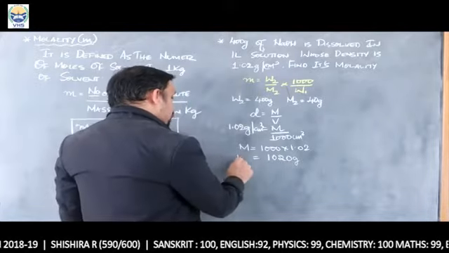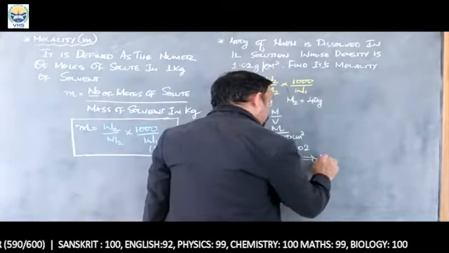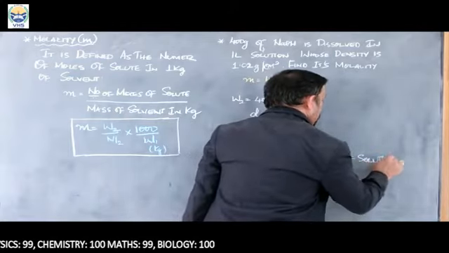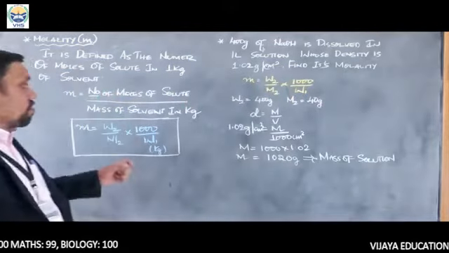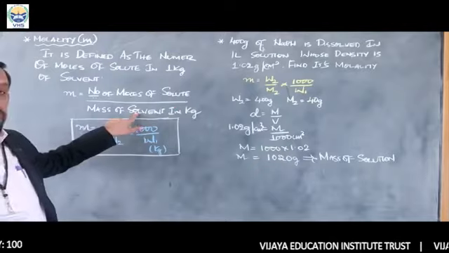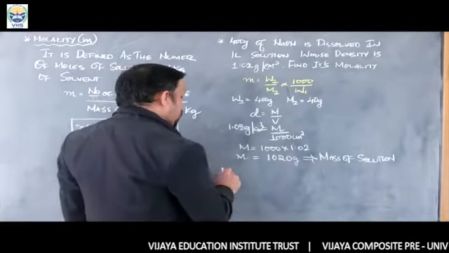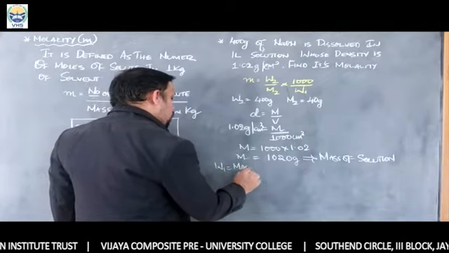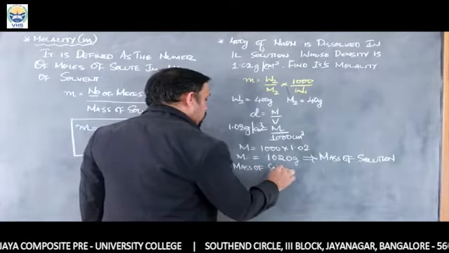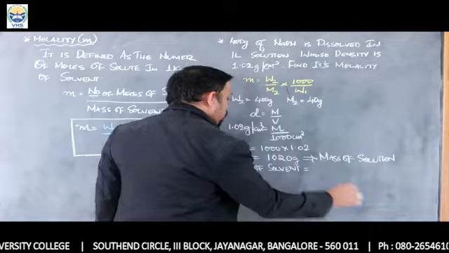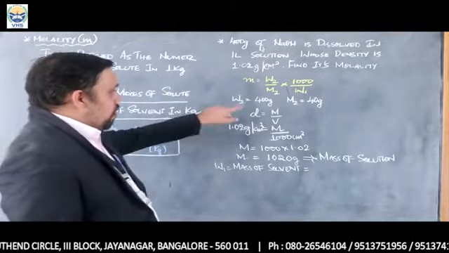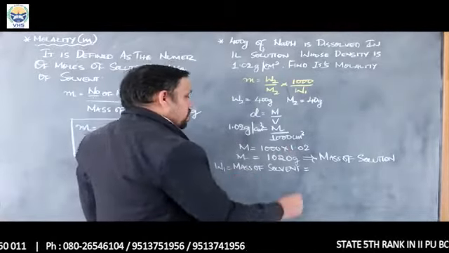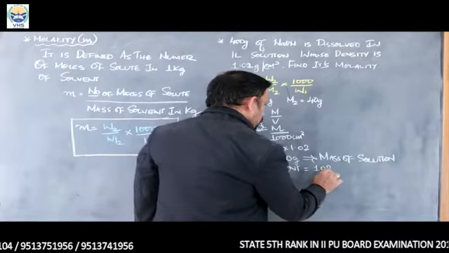So this m is the mass of solution. I don't want the mass of solution. What do I want? I want the mass of solvent. So how do I find out the solvent? W1 is equal to mass of solvent. Anyway, you know that you have added 400 grams of solute, and you know the total mass of the solution is 1020 grams.